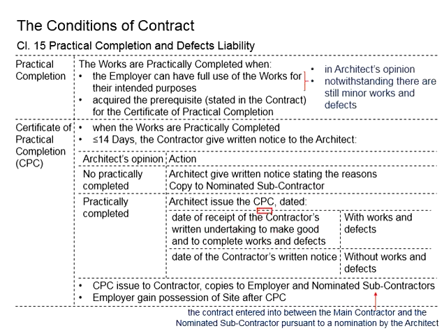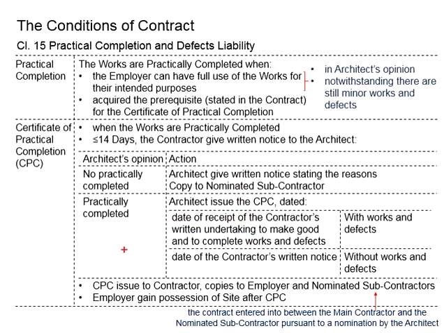That means the contractor will need to promise to make good and rectify the remaining works as well as the defects which are deemed to be minor and not affecting the practical completion. Once the contractor sends in the written undertaking for those works, the CPC will be dated as per the date of the receipt of the written notice from the contractor.